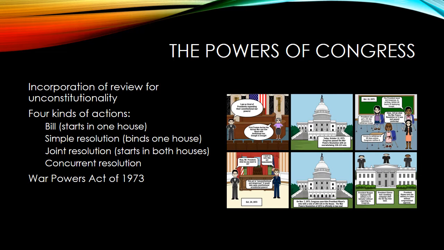Before the establishment of judicial review as a concept, that is, before the Supreme Court in 1803 in the case of Marbury versus Madison asserted that it was the entity in charge of reviewing legislation for unconstitutionality, the founders planned for both houses of the legislature, the House of Representatives and the Senate, to check each other, and the presidency to check both of them, by refusing to either pass laws that were clearly unconstitutional or else refuse to enforce laws that were clearly unconstitutional.